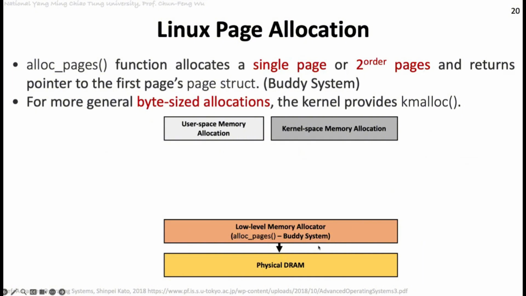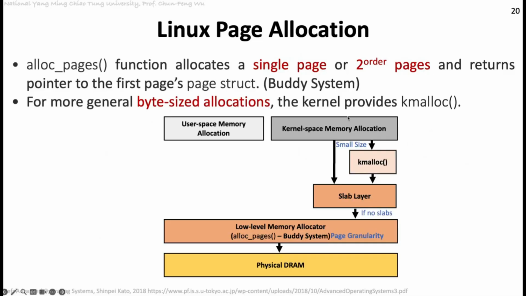Okay, so above the allocation layer here, for the kernel, they can use 2 different sizes to do the allocation. One is kmalloc. You can get a smaller size, or you can just directly get from alloc_pages. Okay, there is a thing called the slab layer, and we'll talk about it later.